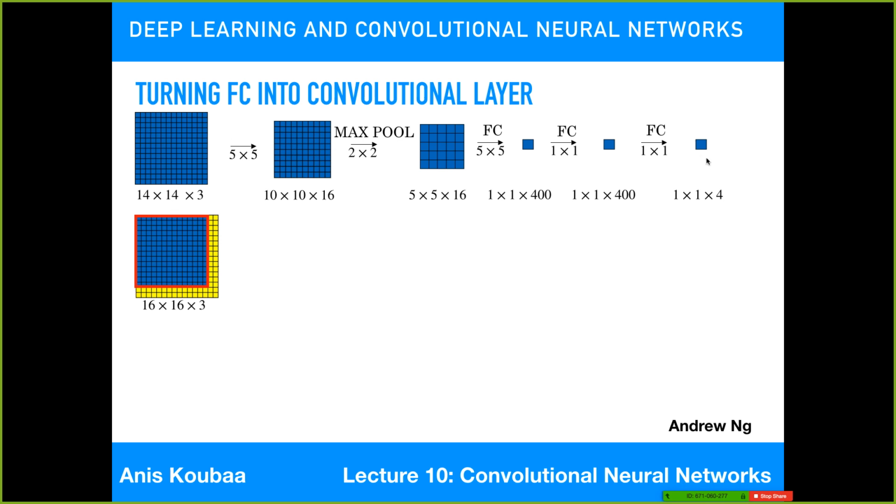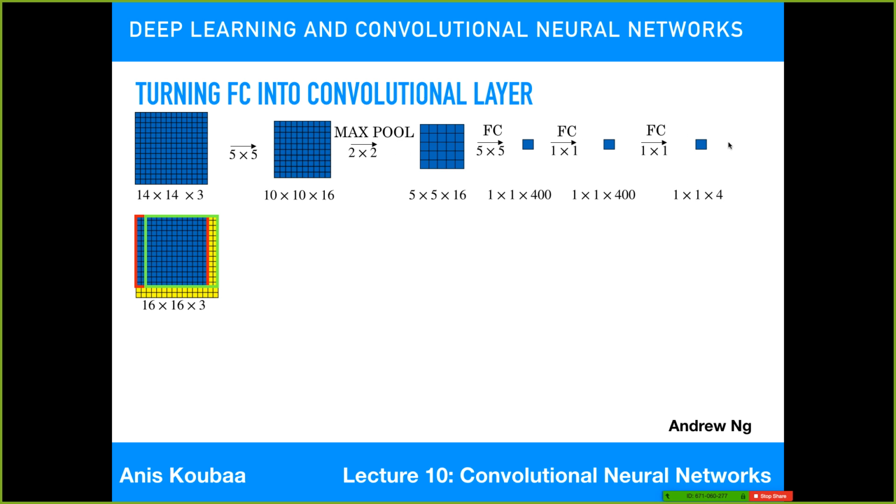It will result in what? 1 by 1 by 4. If I apply this red square image into this convolution, what will be the output? Now, if I take this part of the image, the green one only, what is the size of the green image here? 14 by 14 by 3. So I can put it into the same classifier, right?